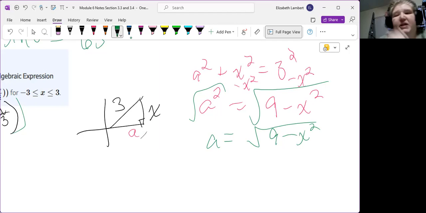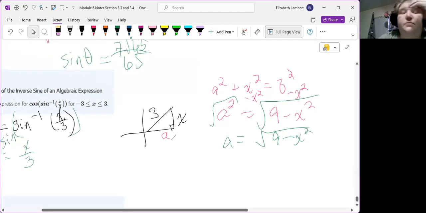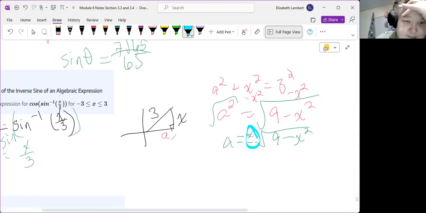Now there is the plus or minus consideration because we applied a square root here. So I'm going to put that in a different color and highlight it so we can think about that. So arcsine will only spit out values from negative pi over 2 to pi over 2.